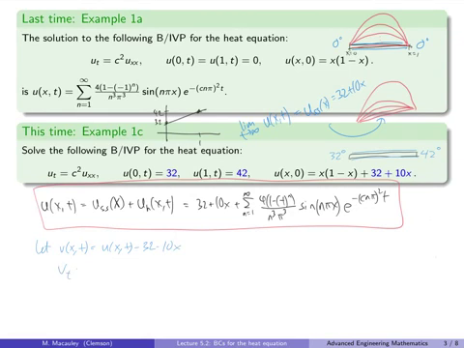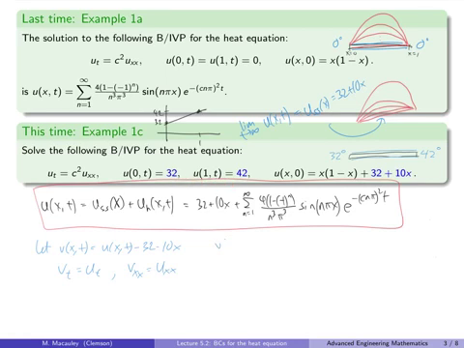Now v_t equals u_t, because adding these terms that don't involve t doesn't change the time derivative. And v_xx equals u_xx, because even though this has an x, there's only one power of x and there's no x squared. Let's check the boundary conditions.